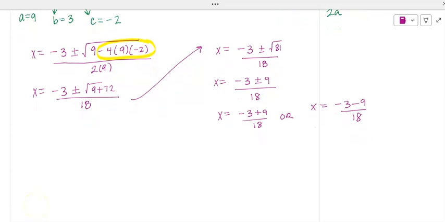So this would be 6 over 18, or negative 12 over 18. So we're getting 1/3 or negative 2/3.